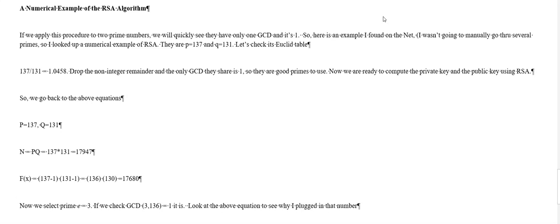Now we're ready to compute the private key and public key using RSA. So we go back to the equation above. P equals 137, Q equals 131. So N equals P times Q, that's 137 times 131, and the answer is 17,947.